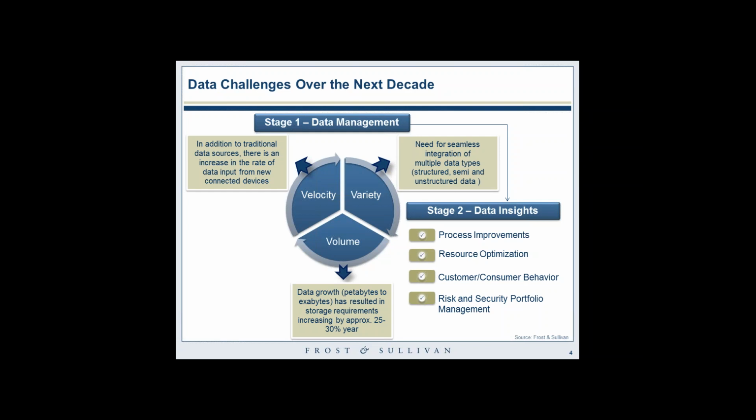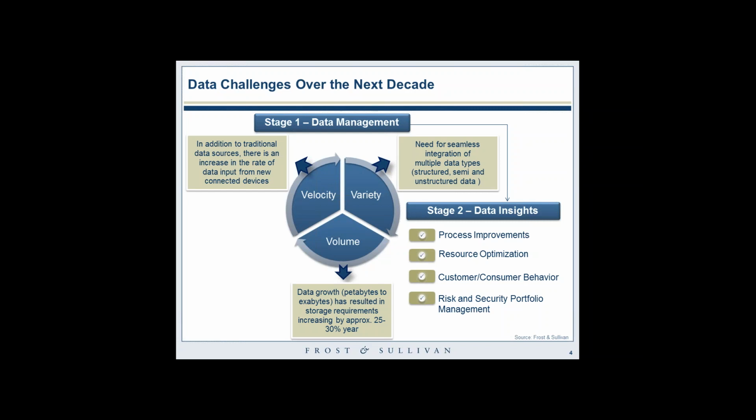In addition to data management, Frost & Sullivan has also identified 4 broad categories wherein customers can derive value from the data. They include process improvements, where data can be used in applications such as equipment monitoring, machine learning, supply chain network optimization, product quality, and performance management.